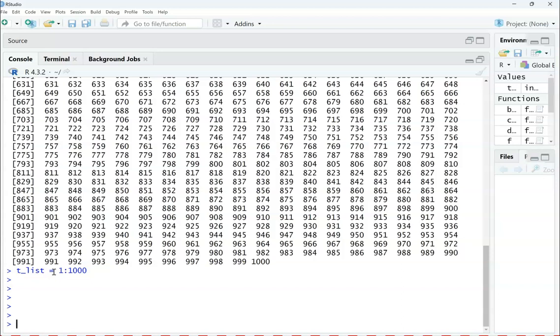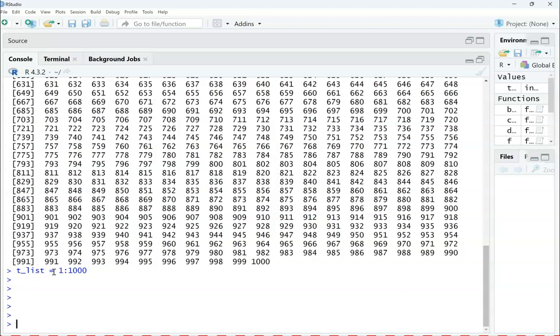I did 1 to 1,000 in this case. To scale this, I'll multiply it by the length of your interval, end minus the start, and then divide by how many points you have. That will scale everything to an interval from, say, A to B. So in this case, I want to go from 0 to 2 pi to draw out my circle. That's what we said we wanted to do.